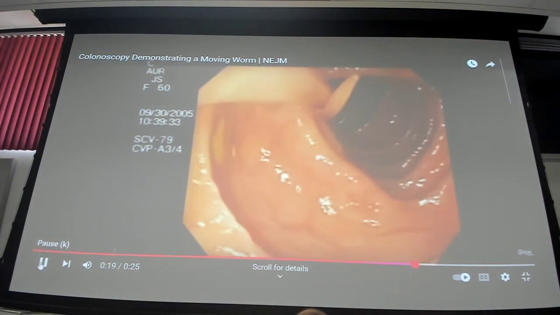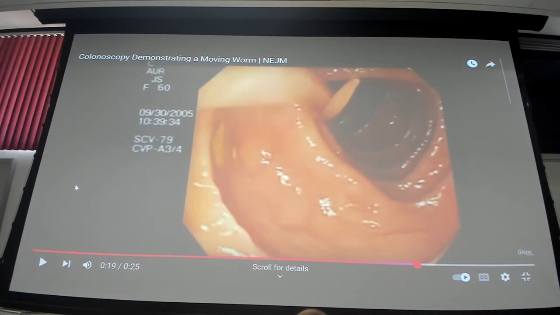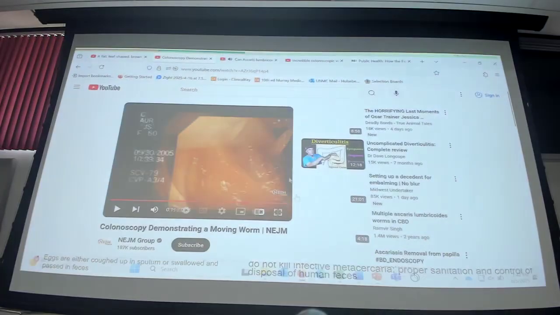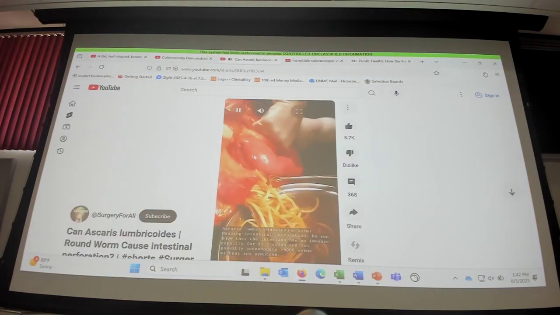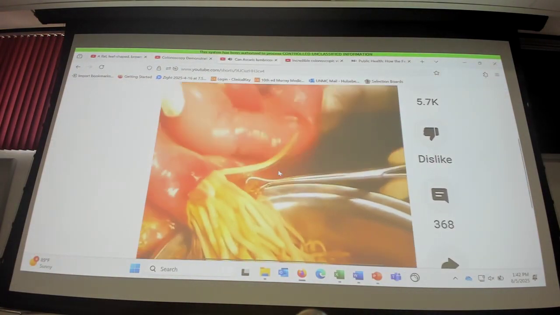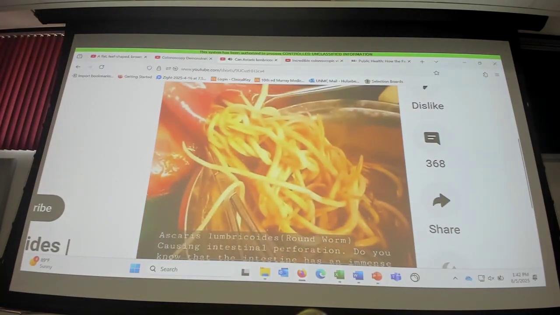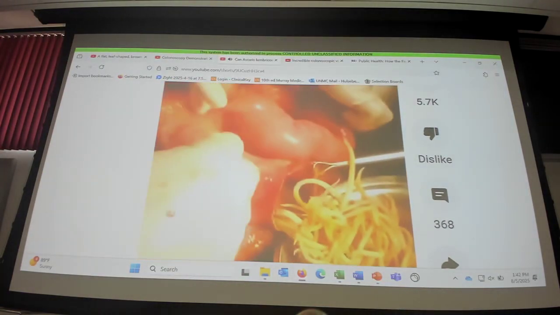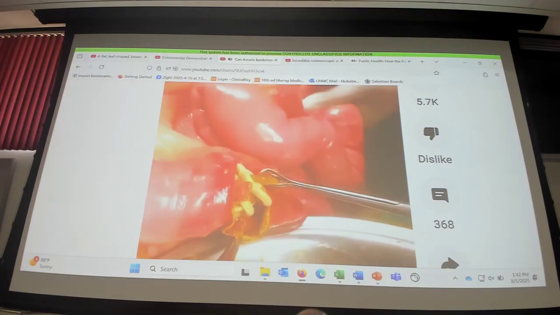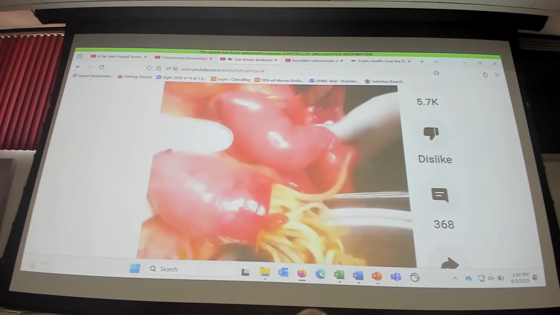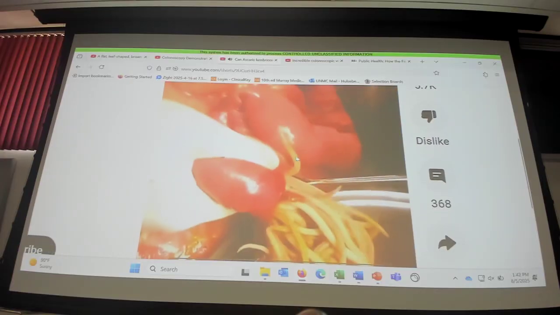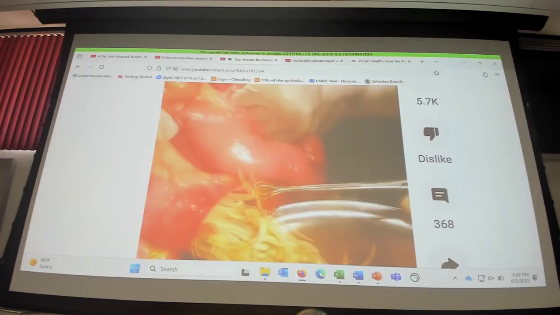These are very big worms. They get up to 35 centimeters. Take out the intestines and squeeze the worms out. This is not an animal. This is a human being.